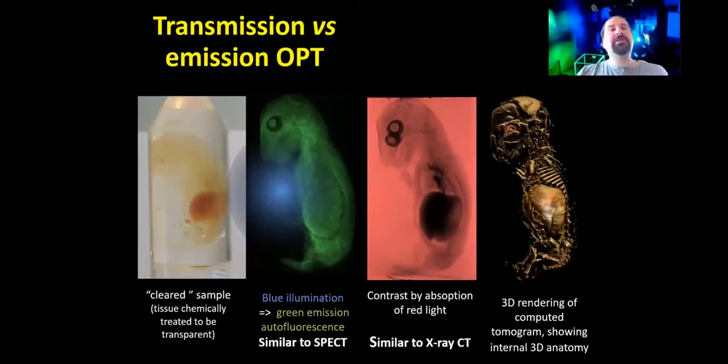Now, another interesting thing about optical tomography is that you can operate both in fluorescence mode, as most developmental biologists are used to, from using confocal microscopy, fluorescence microscopy, or, for example, even light sheet microscopy. But you can also operate in bright field mode.